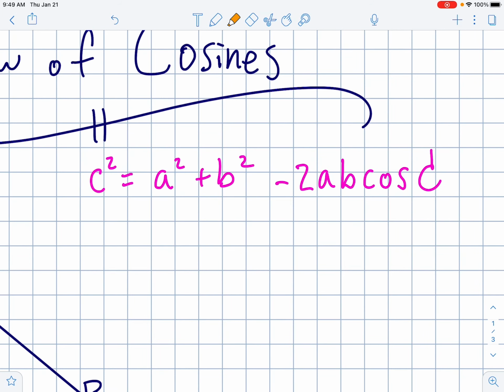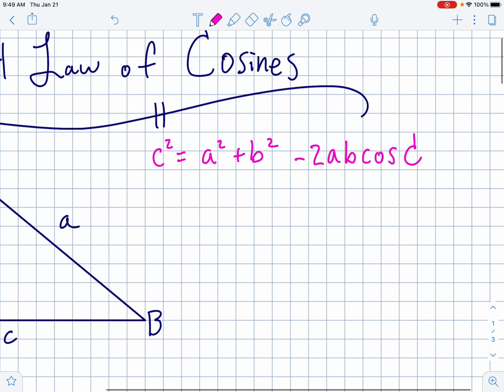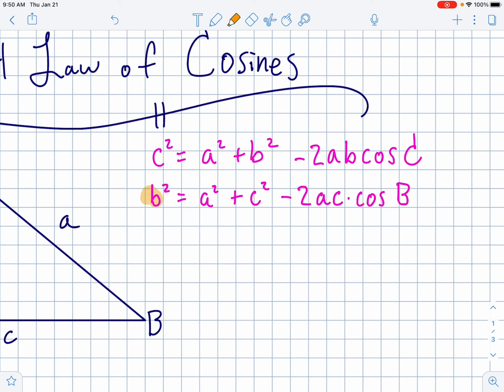Now, as if this weren't complicated enough, you could also say there's another equation where b squared is equal to a squared plus c squared. But then, once again, you have to subtract 2 times the two guest stars, which are a and c, and then times the cosine of capital B. Because once again, if it started with lowercase b, it needs to end with capital B. Now, there's not just two versions of the law of cosines, there's a third as well.